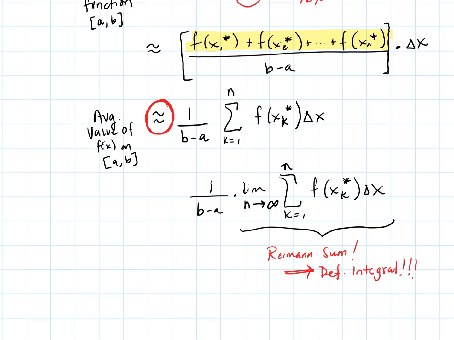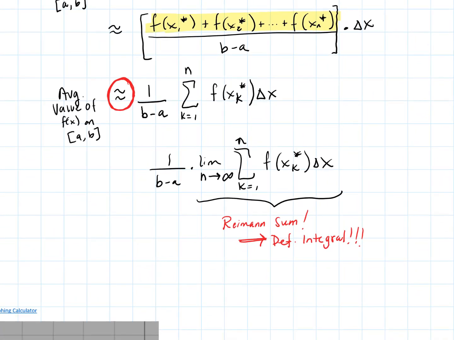So we can actually say, and this is no longer an approximation now that I've added in the limit, this is actually the average value. F bar is what we will call the average value of f of x on the interval from a to b. We have just made it exact by throwing in that limit as n goes to infinity.